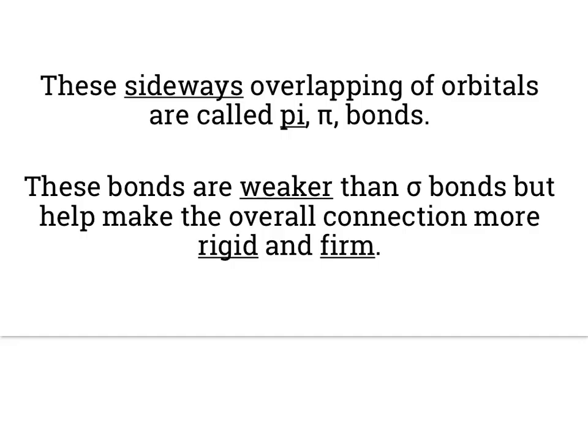These bonds in themselves are actually weaker than sigma bonds, because remember, sigma is directly between the nuclei. Pi's are kind of overlapping around each other, if you will. This is like, instead of nailing two pieces of board together, you put a little bit of duct tape around them. Now, the duct tape itself is strong, but if you're going to attach wood together, you nail it, or screw it, or put a bolt through it.